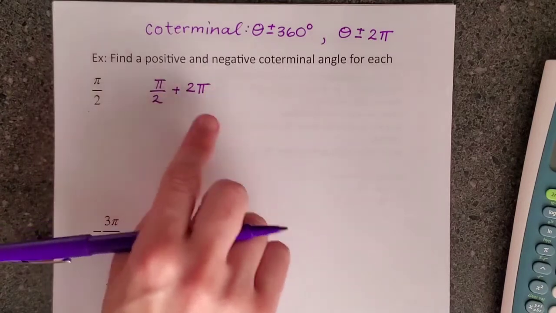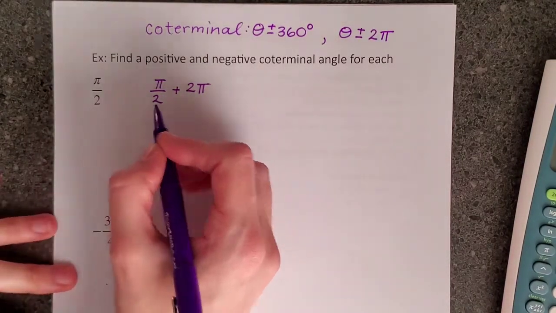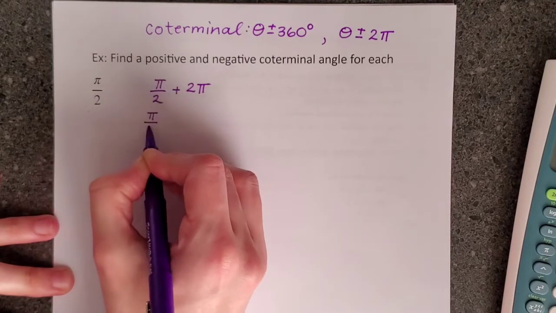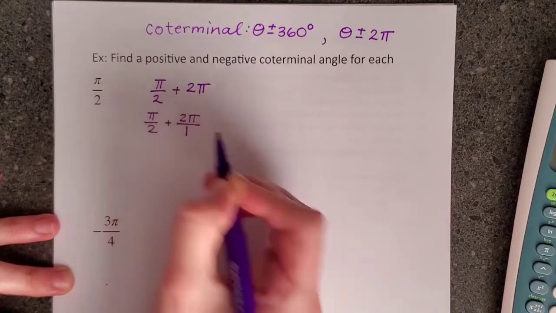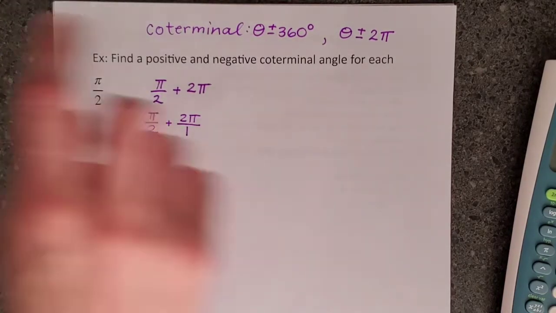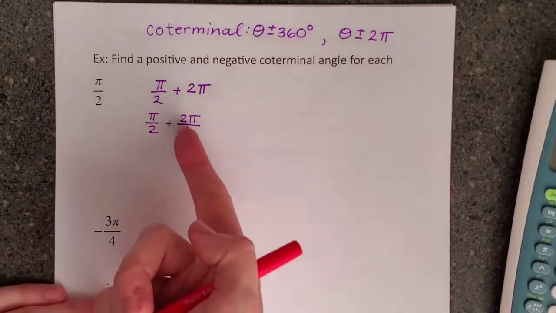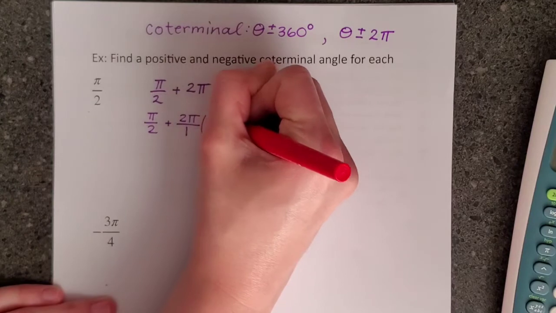All right, but I've got fractions here. So let's make this 2 pi over 1, and get some common denominators. I want this one to have the same denominator as that, so I'm going to multiply this times 2 over 2.